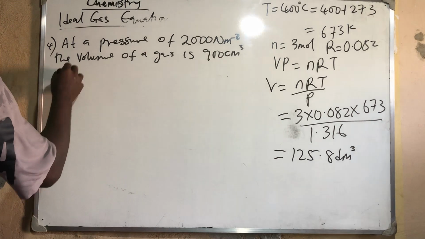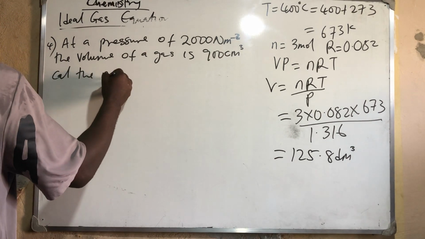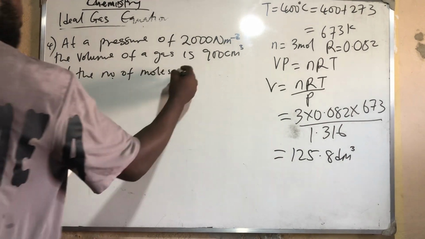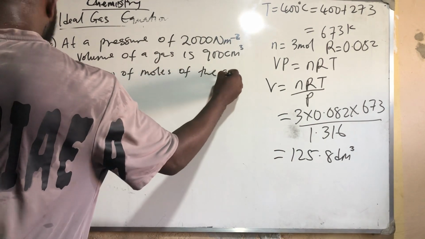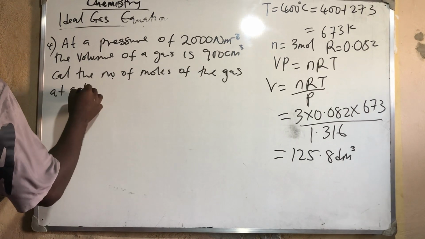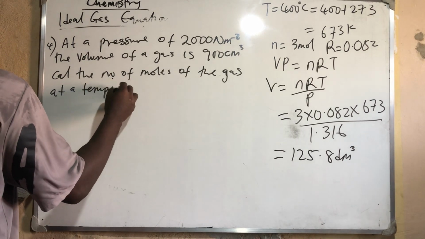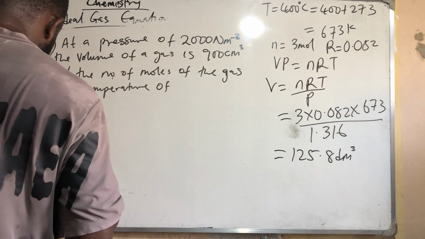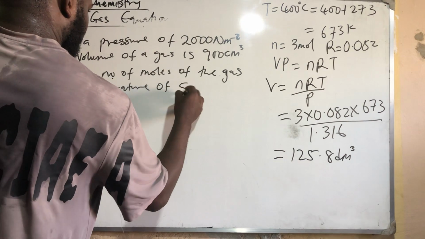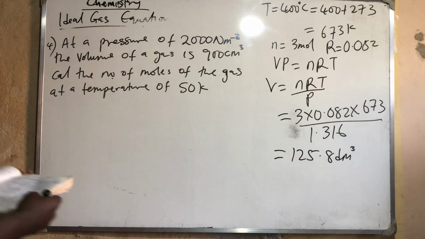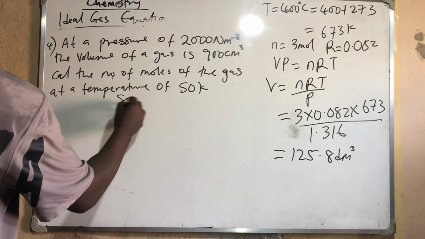Then calculate the number of moles of the gas at a temperature of 50 Kelvin. All right. Solution. Very simple.